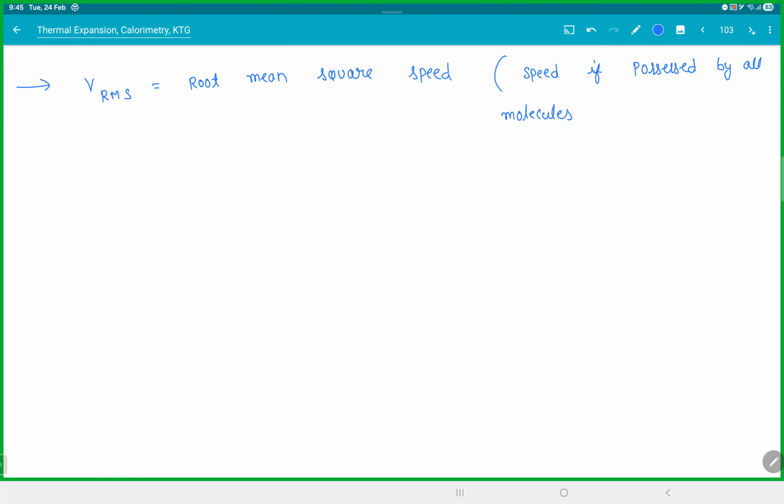Now, why do we need to define so many different velocities? Because the average velocity is 0, you didn't get any information, right?